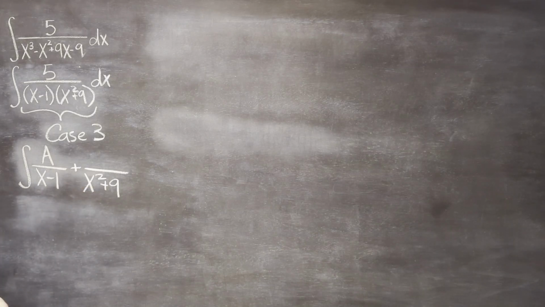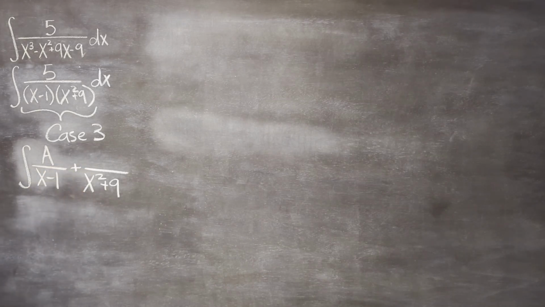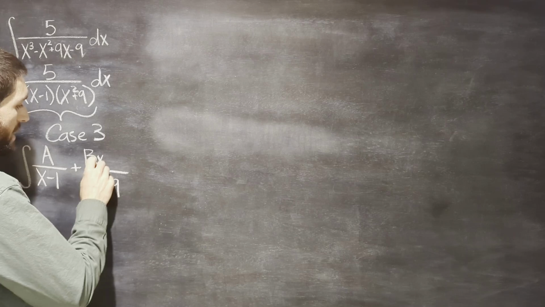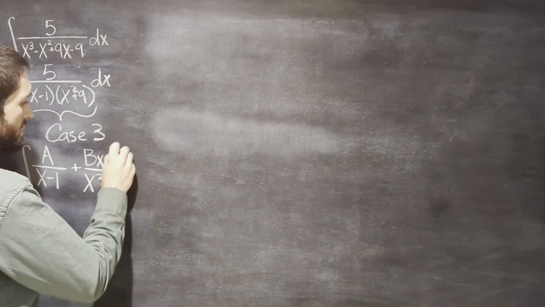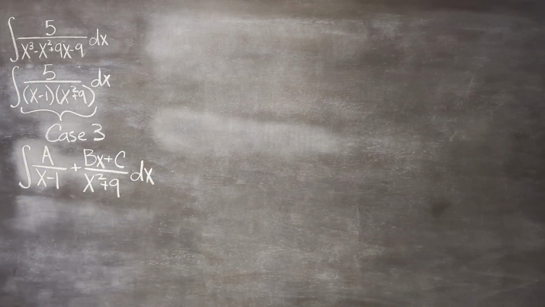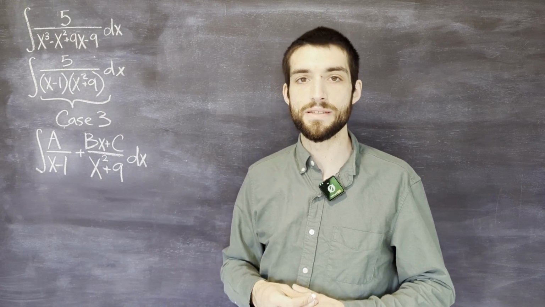Because x squared plus 9 is a second degree polynomial, the numerator has to be a first degree polynomial. The general form of a first degree polynomial is some constant, which we'll call b, times x, plus some constant, which we'll call c.